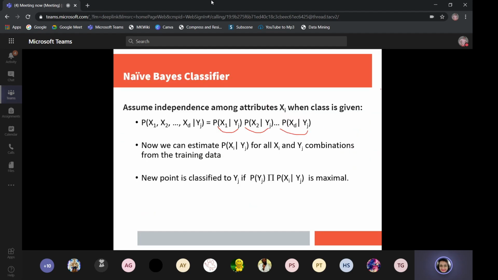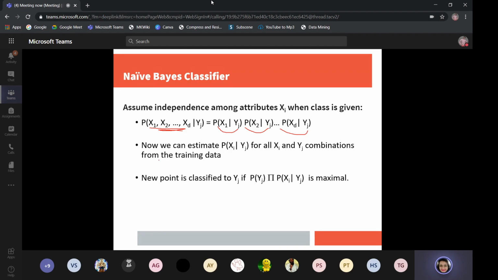So it's simply saying that you are assuming independence among attributes. So given this set of attributes x1, x2, xd, given yj can be written that this is not true in the real life, but we are making an assumption that these attributes are independent. That's why the probability of these occurring together can be written as equivalent to p x1 given yj multiplied by p x2 given yj, so on and so forth.